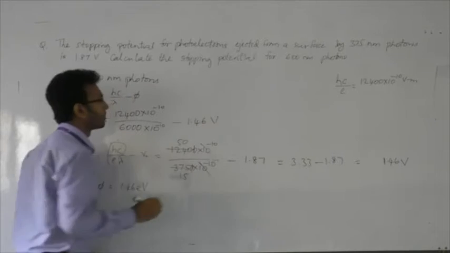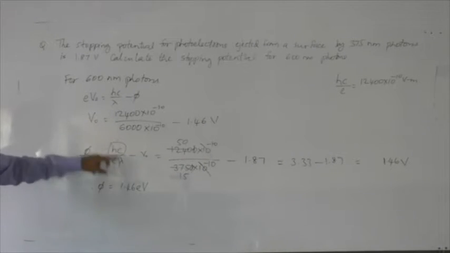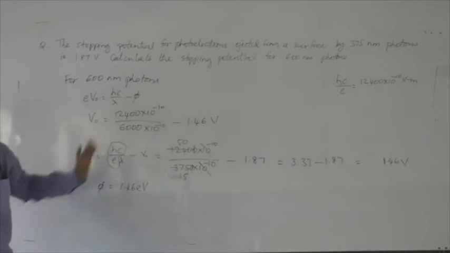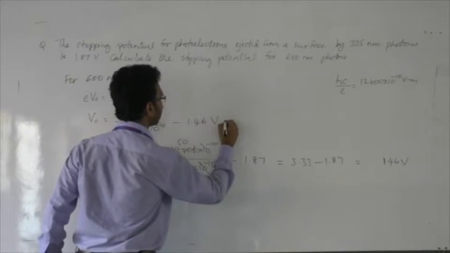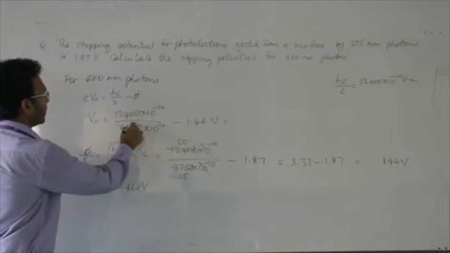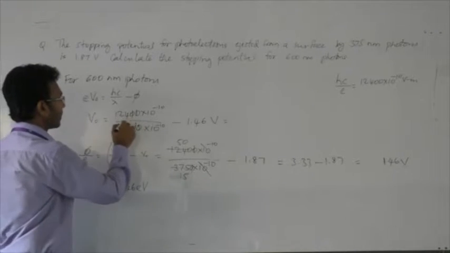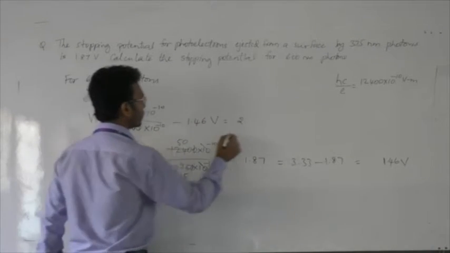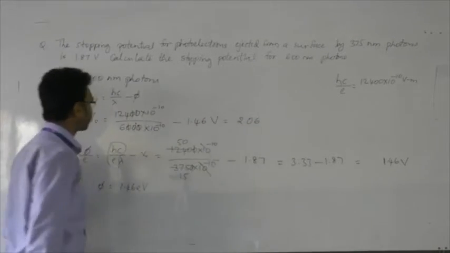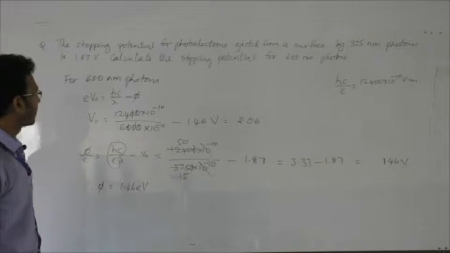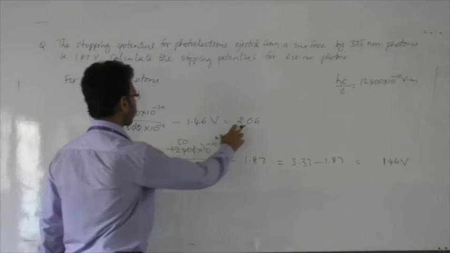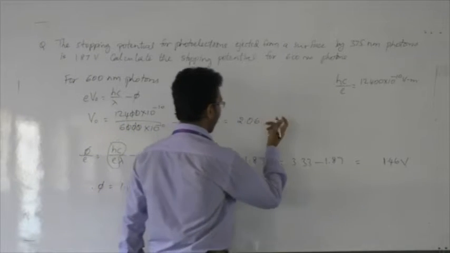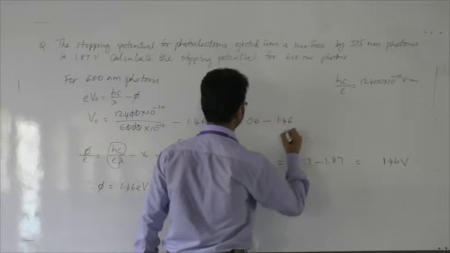Since I'm dividing it by E everywhere, I'll get 1.46 volts. This is electron volts, and I'm dividing it by E, so this will be phi by E. So phi by E will be 1.46 volts. Now simplify this. This will be 2.06, let's say, around 2.06 we'll get, minus 1.46.